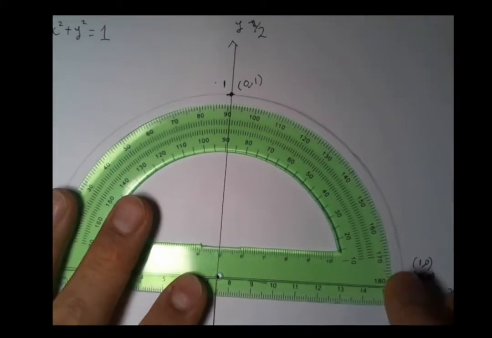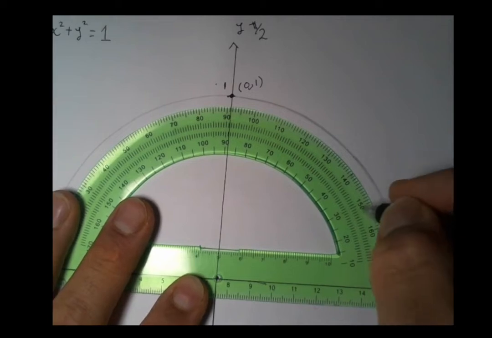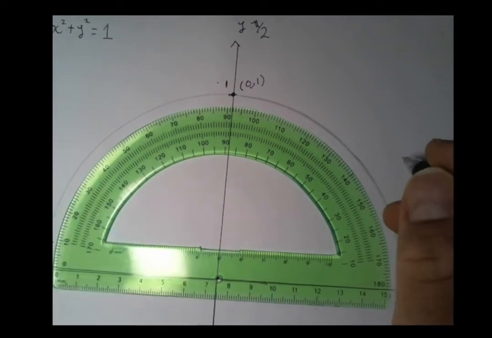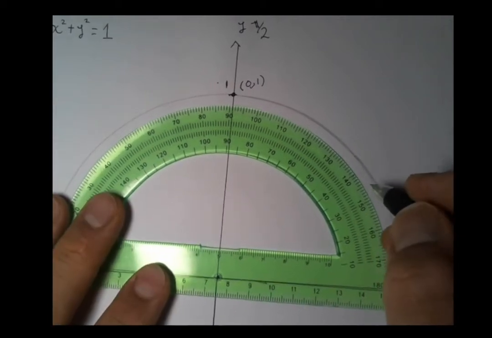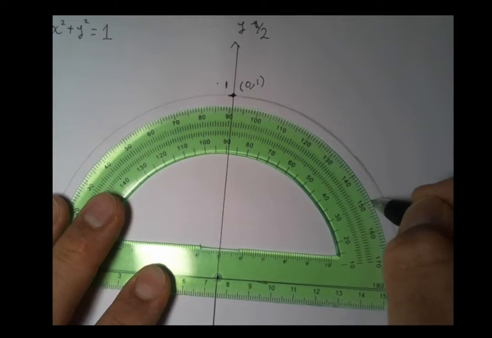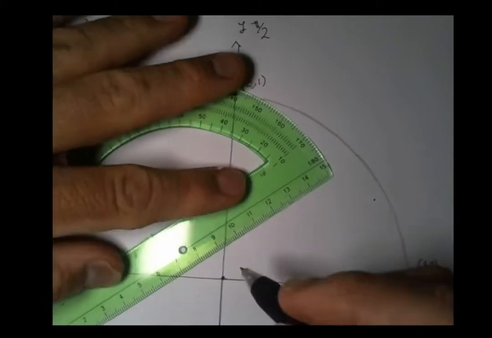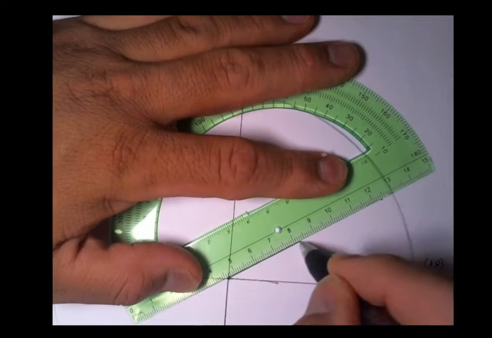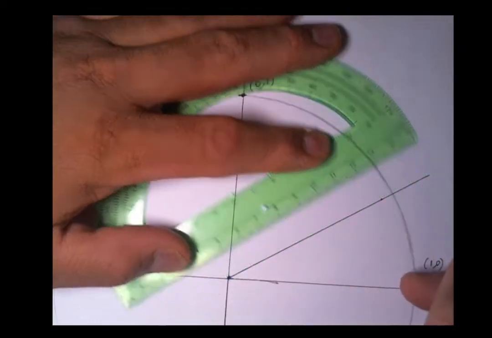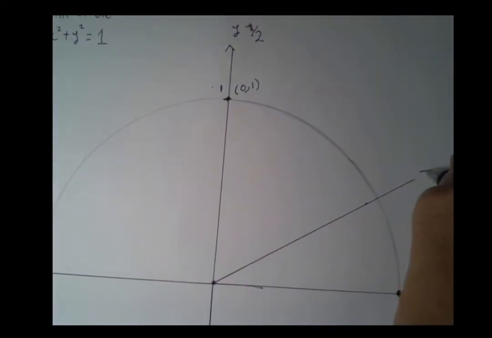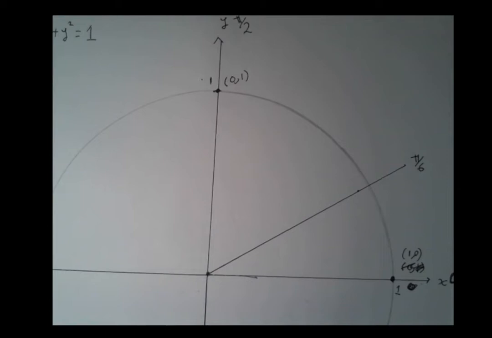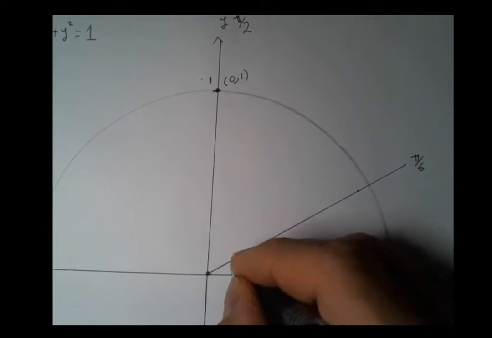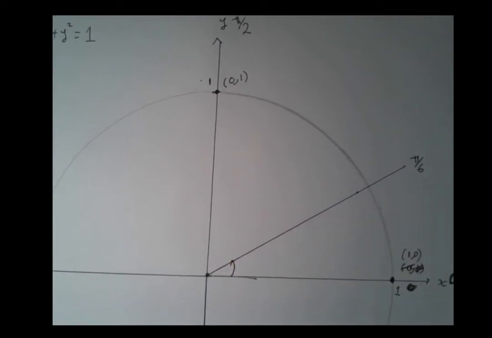So that's pi over 6 radians, and that is the angle here.